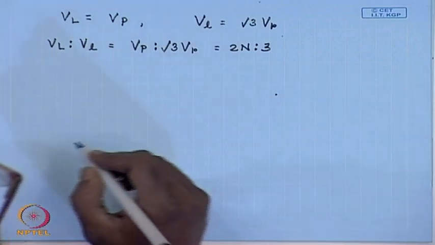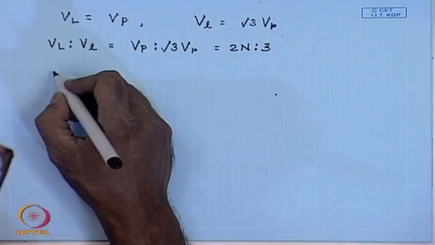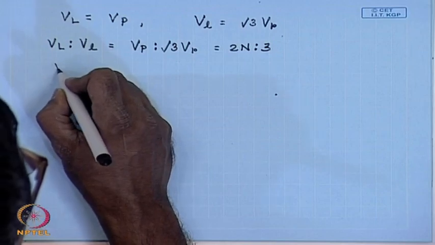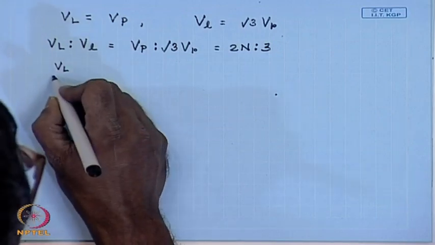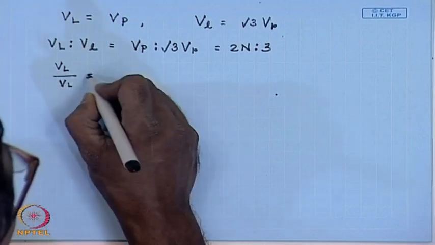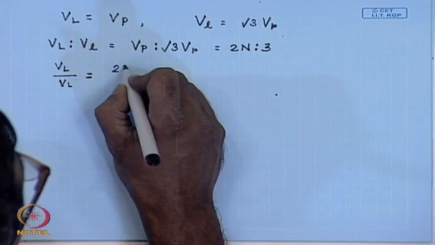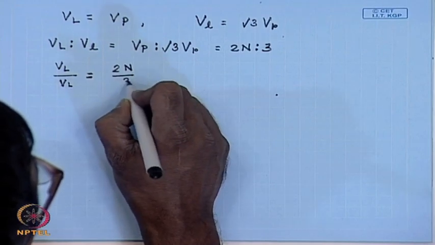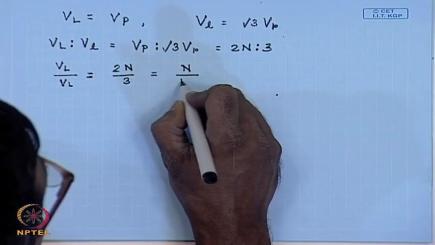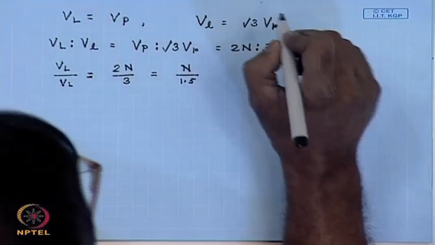One interesting thing to note here is that V_L to v_L in this case is equal to 2n by 3, or equal to n divided by 1.5.